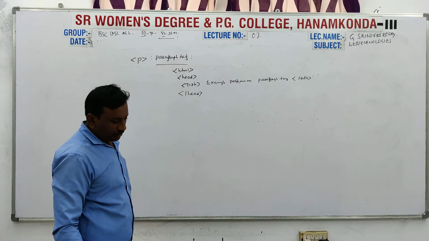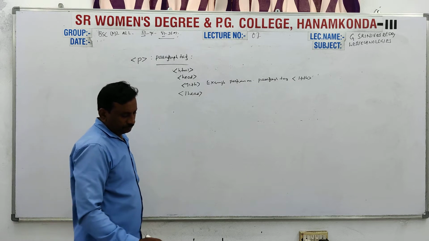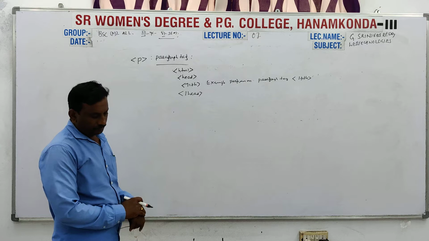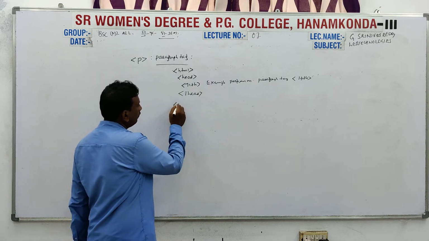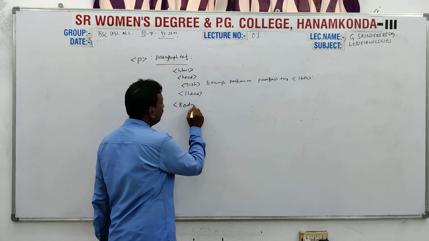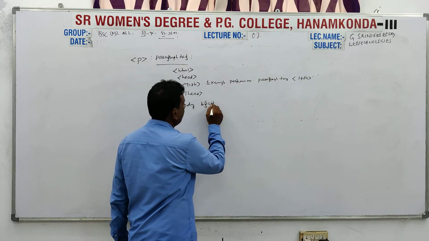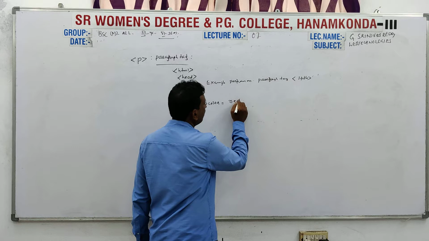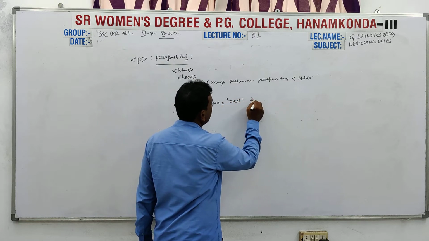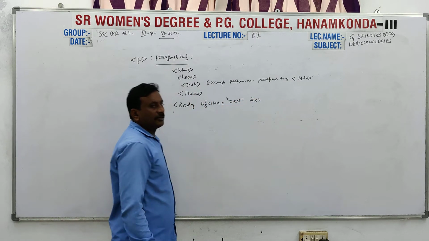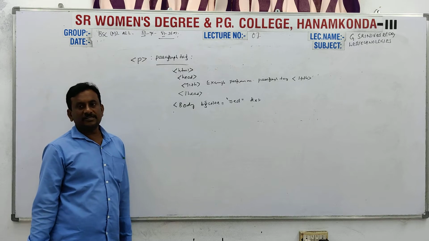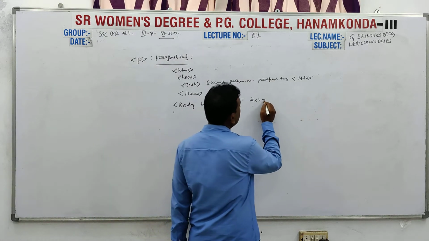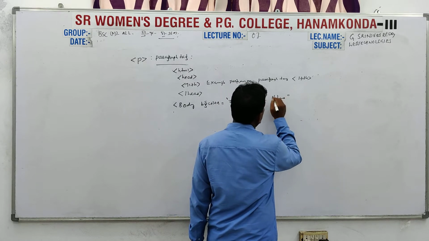Next, you can write body, bgcolor equal to red, as we wish, and instead of using other color codes, text equal to blue.